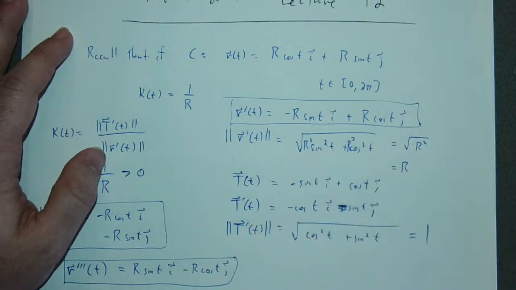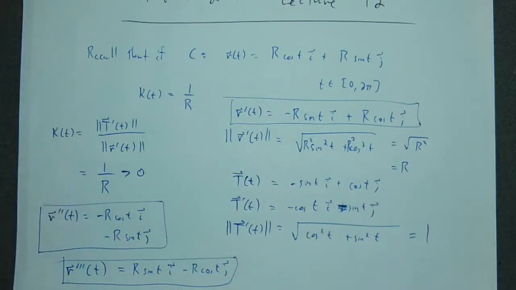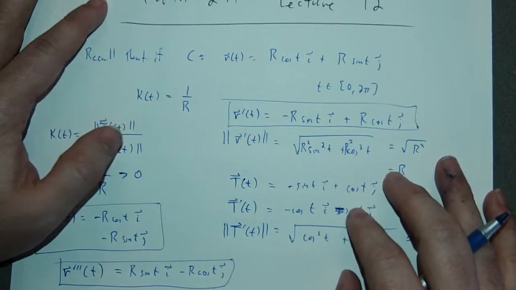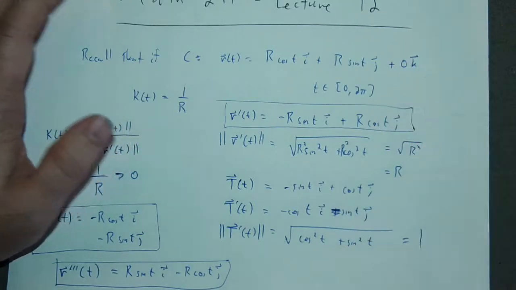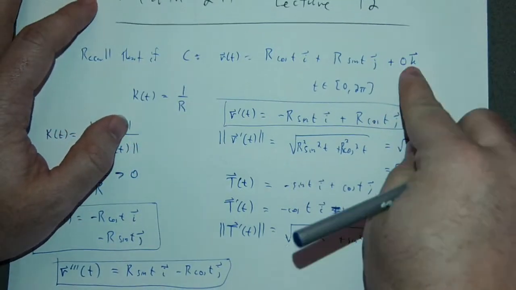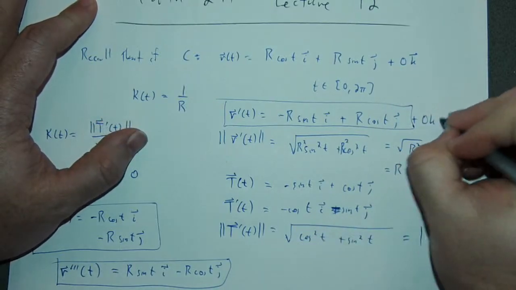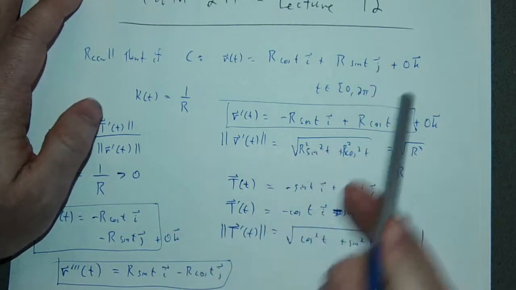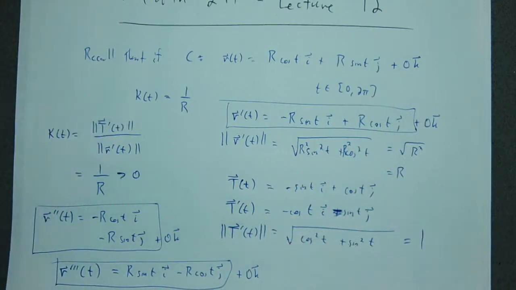If I'm thinking about this being my circle in the xy plane, I can think of the xy plane as sitting inside space at height 0, so I could really think of this as having a slot here, 0k. And I can do that with all of these things, because as I'm taking derivatives of 0, I still get 0. And so all this is still fine.